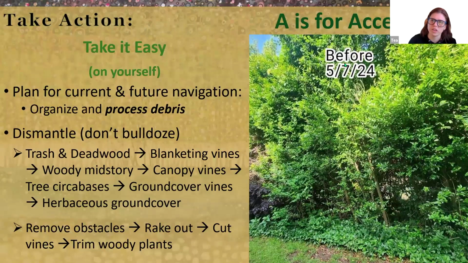Once you've got your tools together, you're going to start the ABCs of how to actually work your site, or the ecologic ABCs. So of course, we've talked extensively about access, but access is really just about making things easy for yourself, avoiding the types of difficulties that are really easy to avoid.